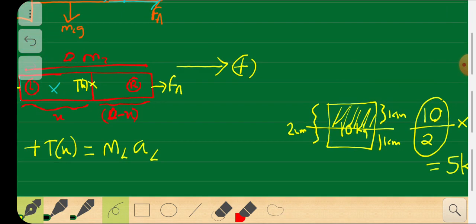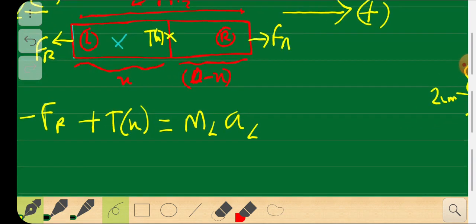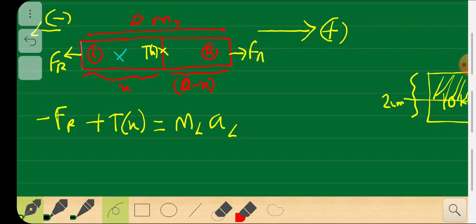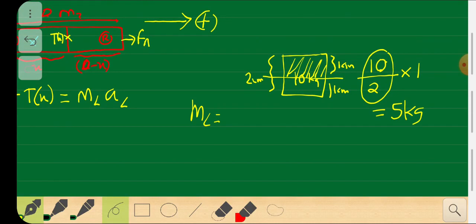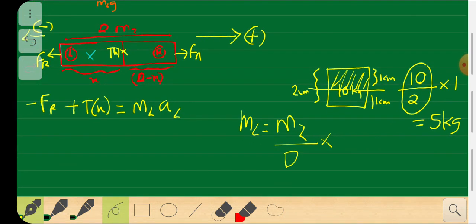If you look at this plot and do the similar thing, you can find that ml of the left part must be equal to the total mass m2 divided by the total length D, times the length here, which is x. So ml equals m2 by D times x.